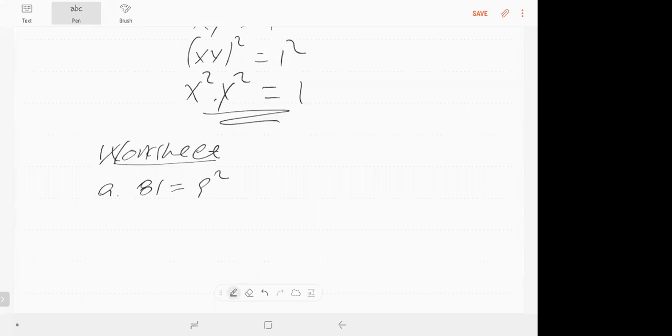What about B? If we take 225, it is 15 squared, 15 times 15. It is a square of a rational number. And C, which is 625, which is 25 squared, 25 times 25. But D, 160, is it a square number first? Is there any rational number that, when we multiply it by itself, gives 160? No. So the answer is D.